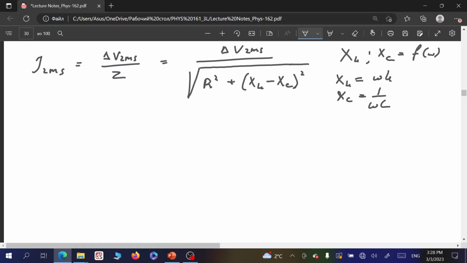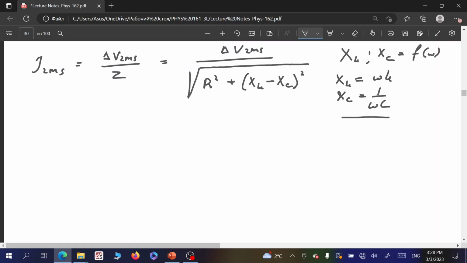By the way, who remembers the reason behind that? Faster. So that allows charge transport to happen more easily through the circuit because we can transport more charge per unit time.